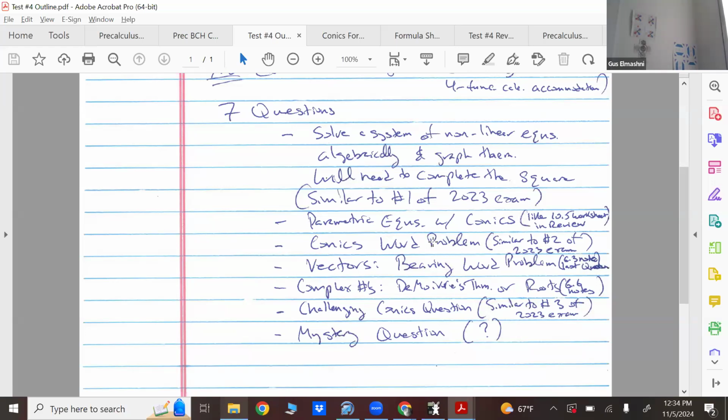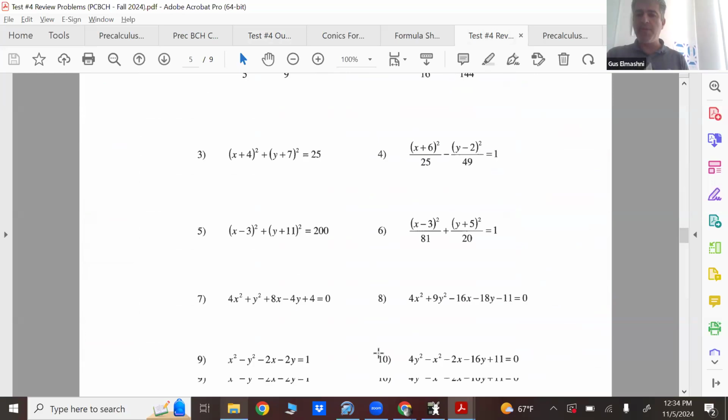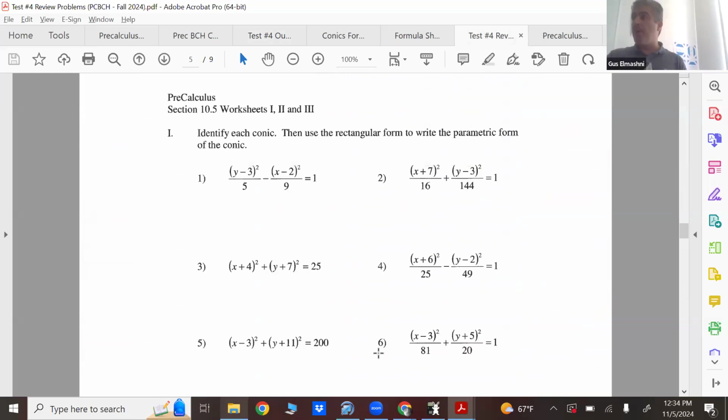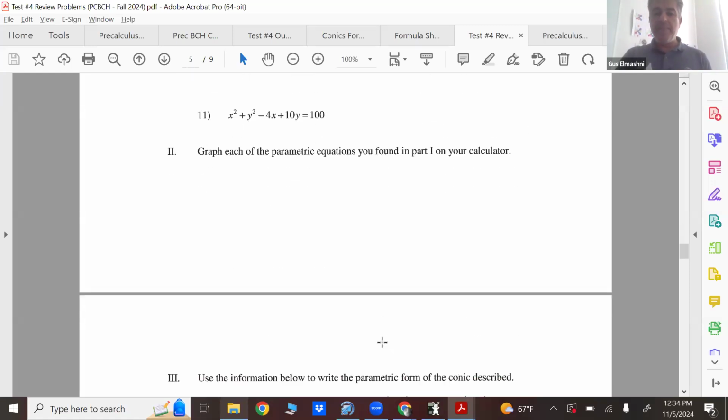If I ask more questions, there will be parametric equations that involve conics, like the 10.5 worksheet in the review packet. If you look at the review packet again, after the old test, you'll see a couple more pages. And this is what we had in the notes on parametrics. Identify the conic section, then write it in parametric form. Remember, there's a technique for circles, ellipses, hyperbolas.